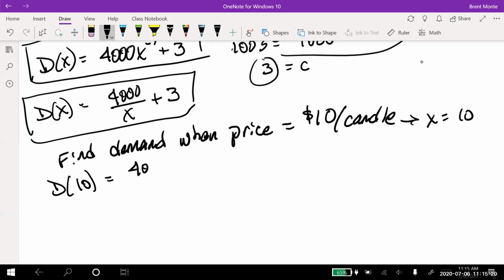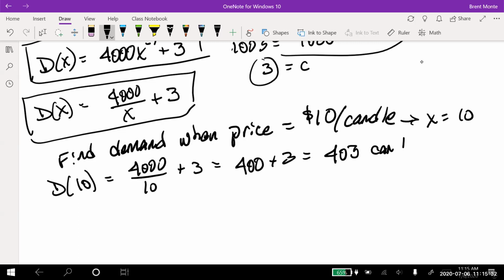That's 4,000 over 10 plus 3. Let's see, 400 plus 3? 403 candles. So once we've found the original function, then it's much easier to get any demand for any price that we have. All right, but anyway, that's the end of that section.